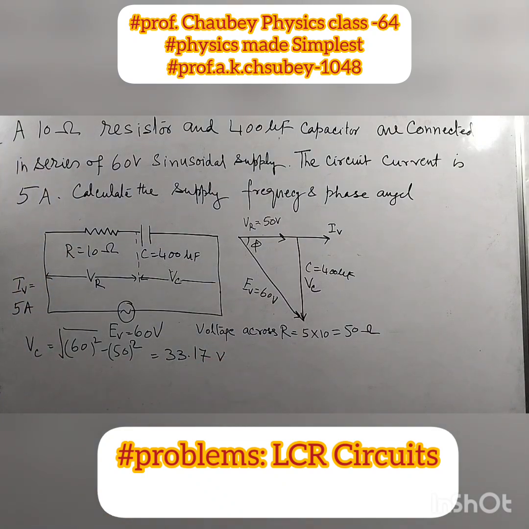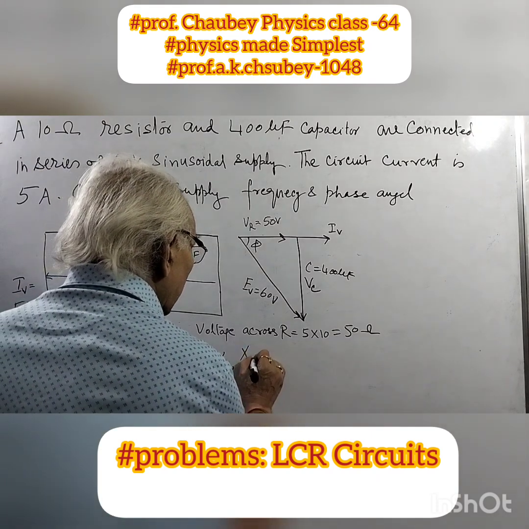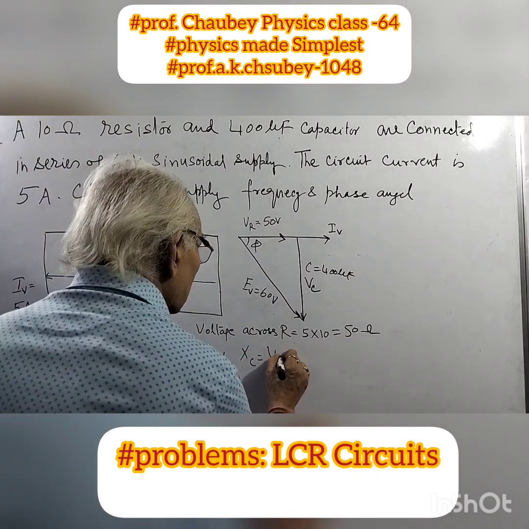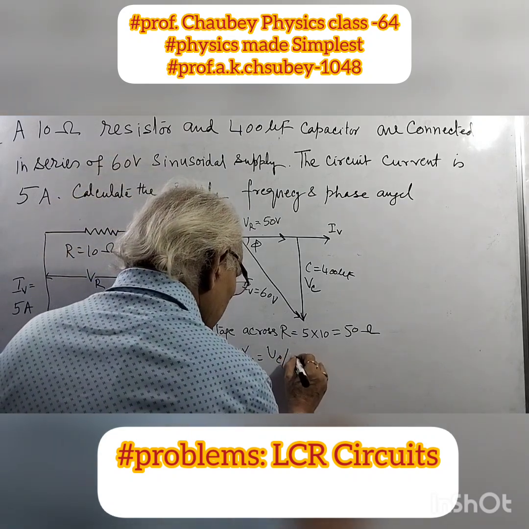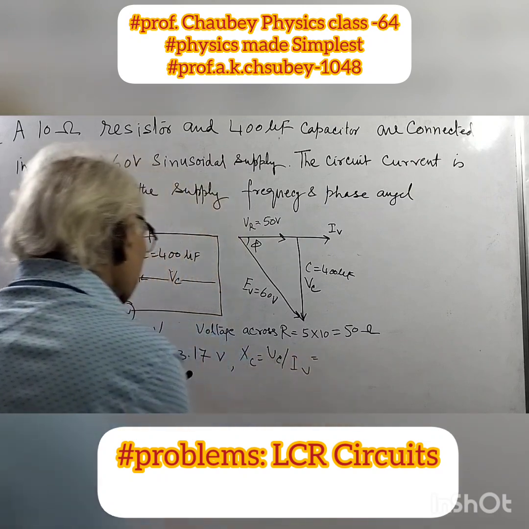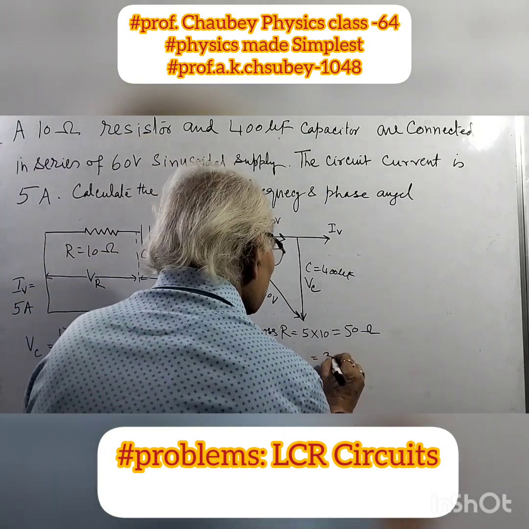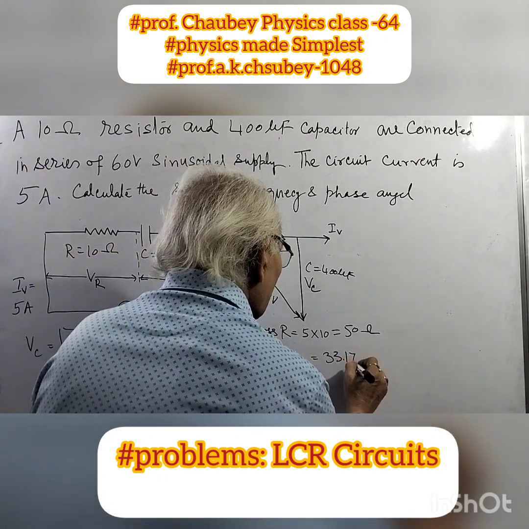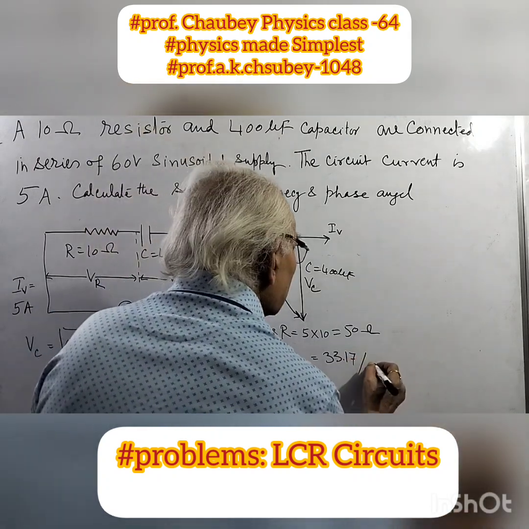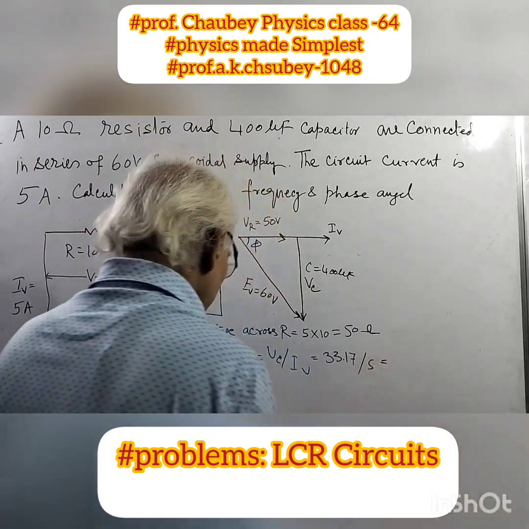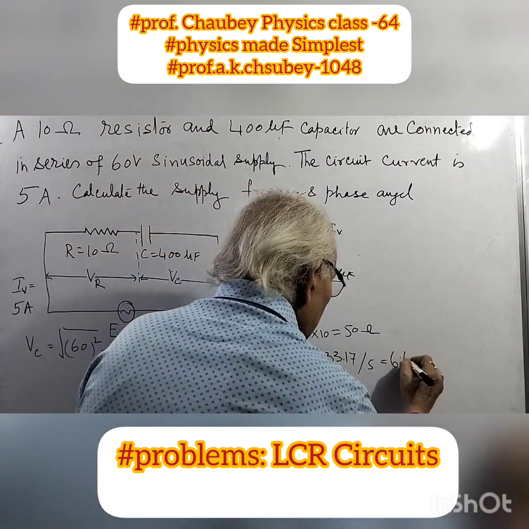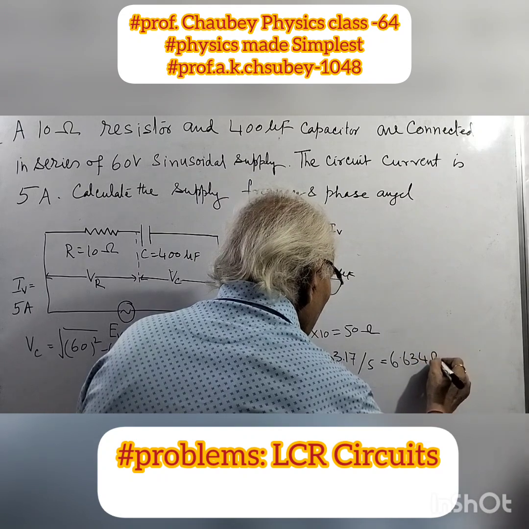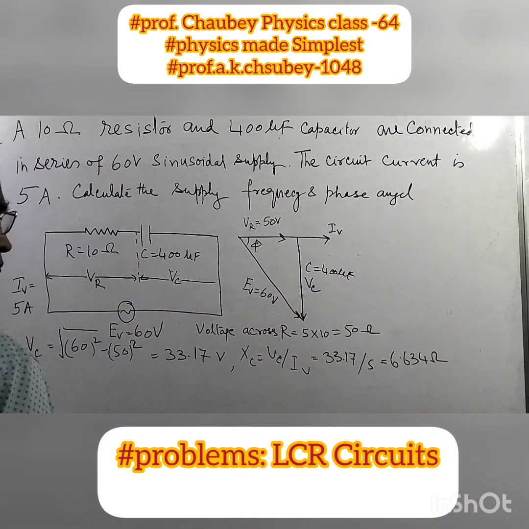What else? XC. XC is equal to VC over I, and VC is 33.17, I is 5 ampere. So we get XC equal to 6.634. XC is known.